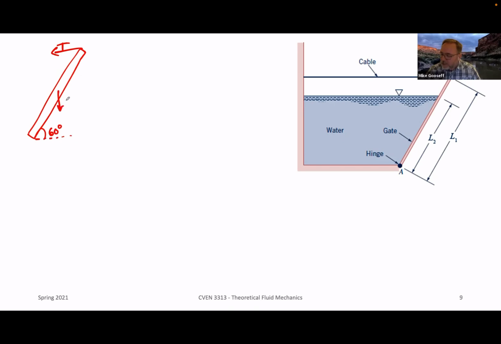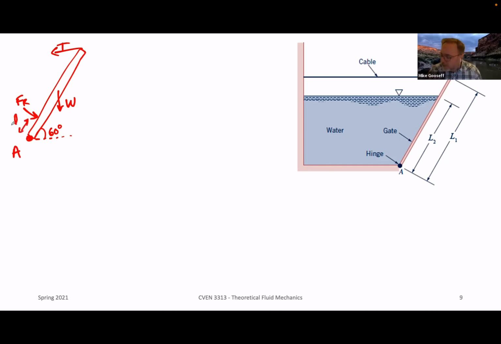We know that weight is acting downwards vertically from the center of this 8-foot long gate. We have some FR, resultant force from the water pressure acting, and this is our hinge point A. And I'm pretty sure I just called this L, some distance. Yep, this is some distance L.